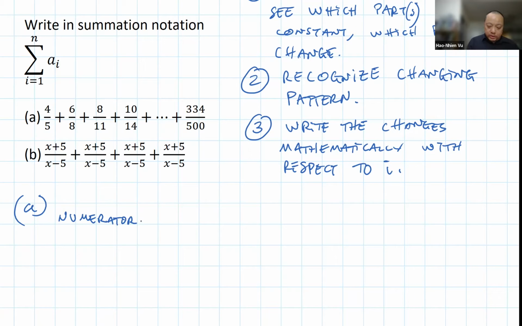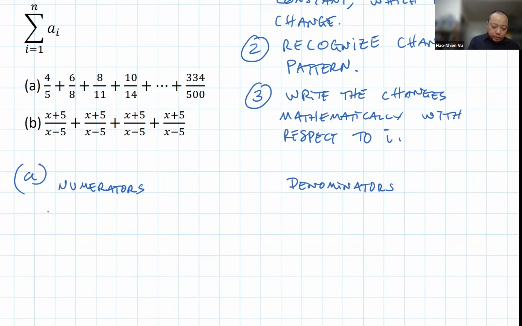First, I'm going to work with the numerators, and then I'm going to work with the denominators. The numerators go 4, 6, 8, 10, and so on. What is the pattern of the change here? You guessed it. They go up by 2. Increase by 2 each time.